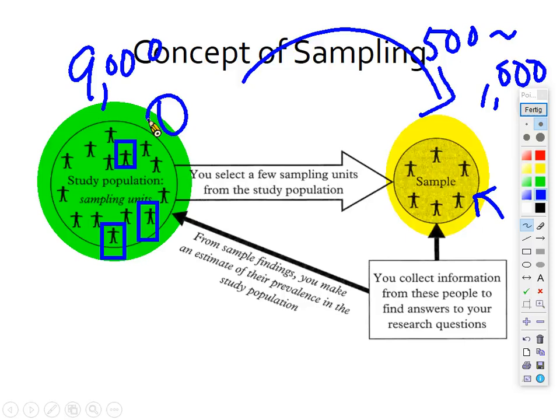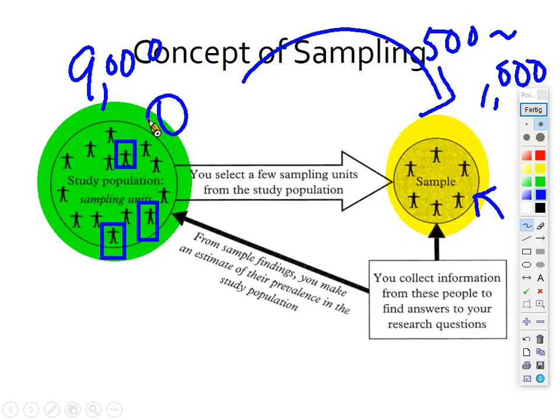If we have 9,000 students, and with our wonderful magical sampling strategy, we have 500 students completely equal to the characteristics of the population, wow, thank God, right? We just survey them, and we can reflect the population. But normally we don't. But close.